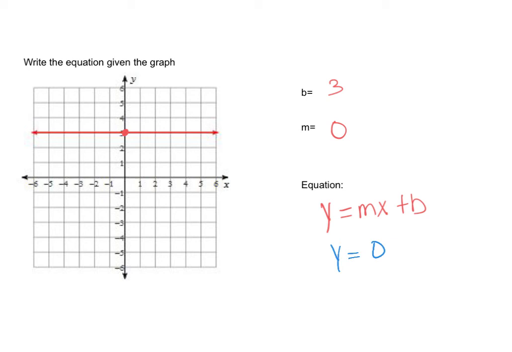So y equals 0 times x plus b. But 0 multiplied by anything just gives me 0. So my y is just going to equal 3. So the equation to this line is y equals 3.